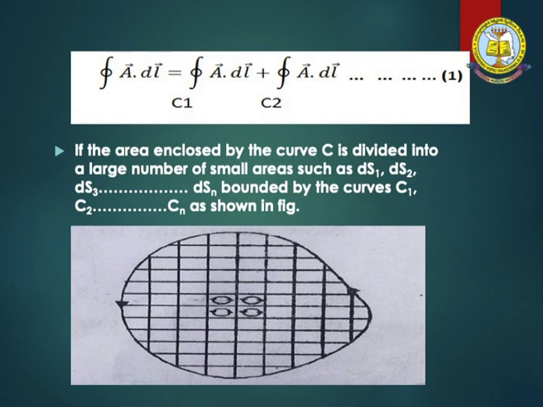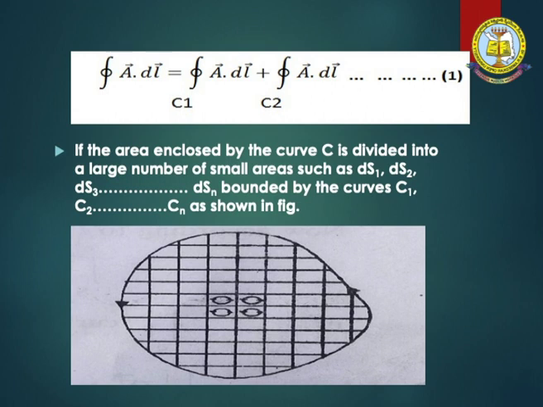Let us consider the C1, C2, C3 and C4 curves, and small elements ds1, ds2, ds3 and ds4, and a large number of these small areas. This is bounded by the curves C1, C2, C3 as shown in this figure.